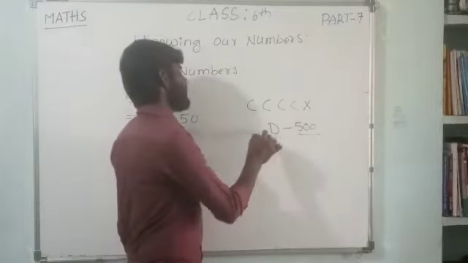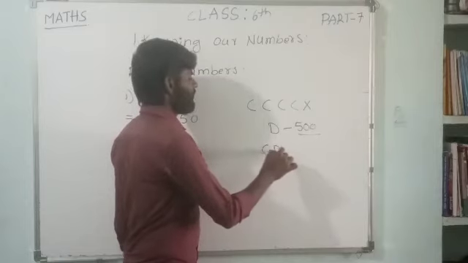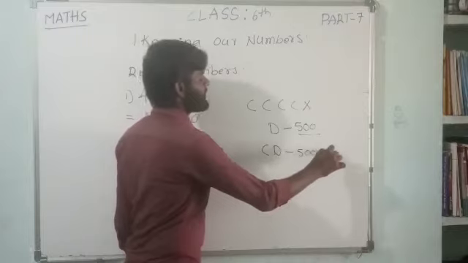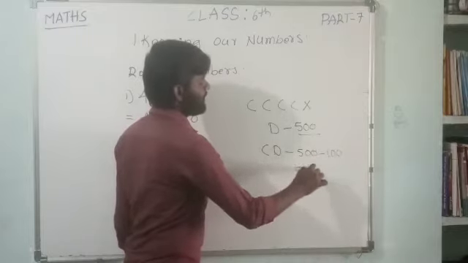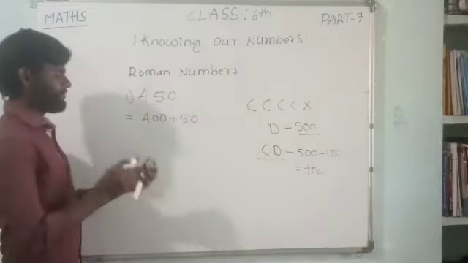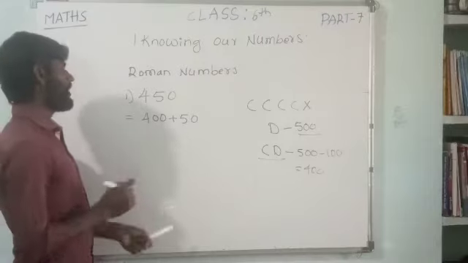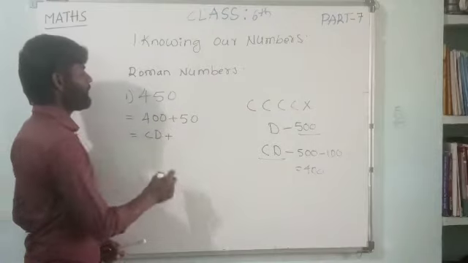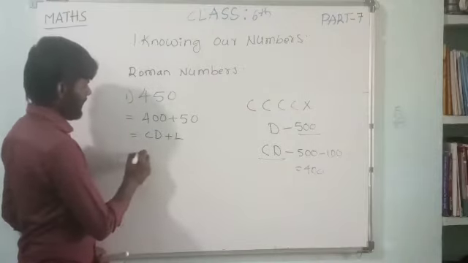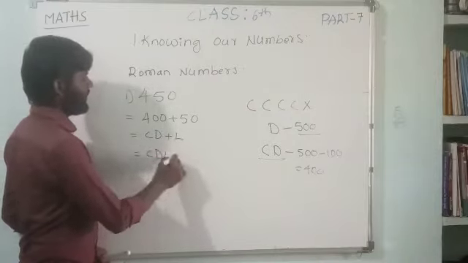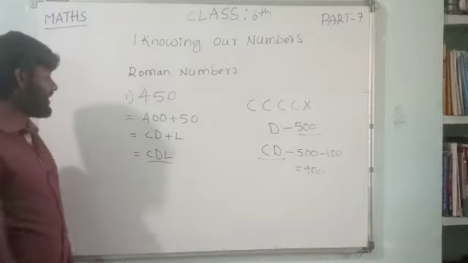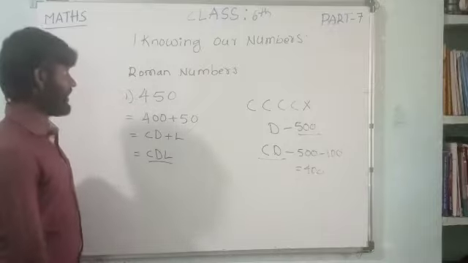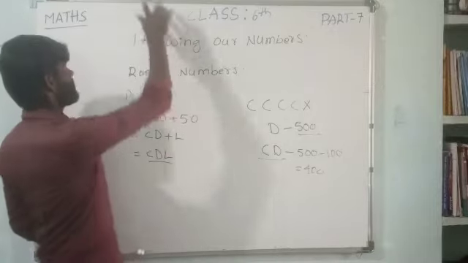You have to subtract 100 from 500. 500 minus 100 is 400. It means I can write 400 as CD, plus 50, which you know is L. CDL means 450.